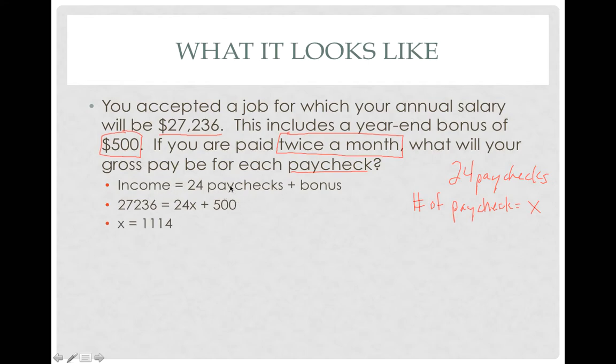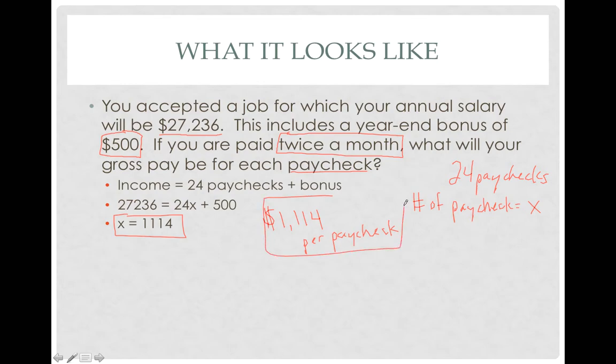I really hope we can all solve this. We can subtract 500 from both sides, divide by 24. That tells us this number. Now, I don't want us to just think that's just a number, but what does that number represent? It represents $1,114 per paycheck, right?